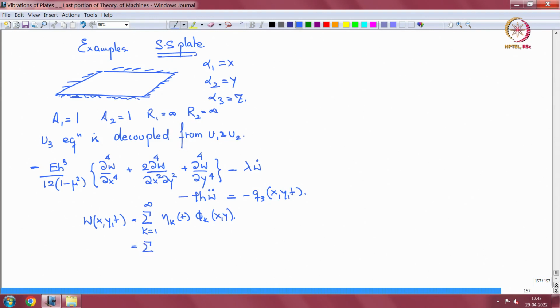So in actuality it will be m going from 1 to infinity, n going from 1 to infinity. This will acquire the double index, this will also acquire the double index, and phi is sine m pi x by a sine n pi y by b.